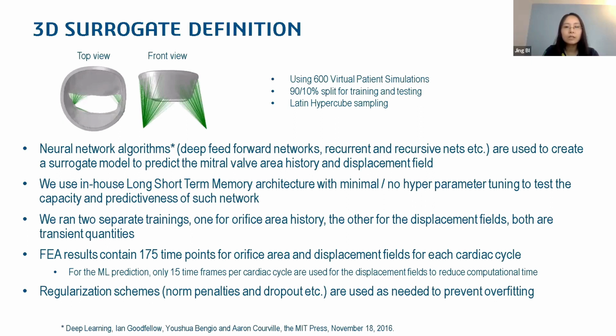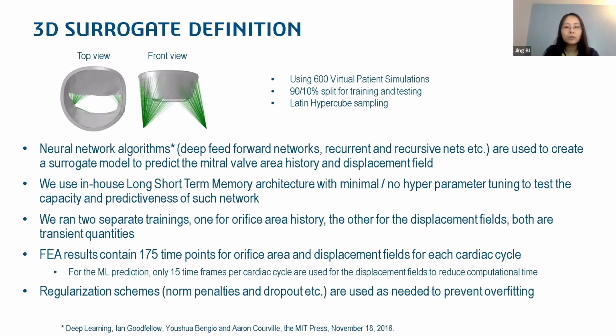Finite element analysis results contained 175 time points of the orifice area and displacement fields for each cardiac cycle. For ML prediction, only 15 time frames per cardiac cycle were used for displacement to reduce the computational time. All the time frames were used for the orifice area.